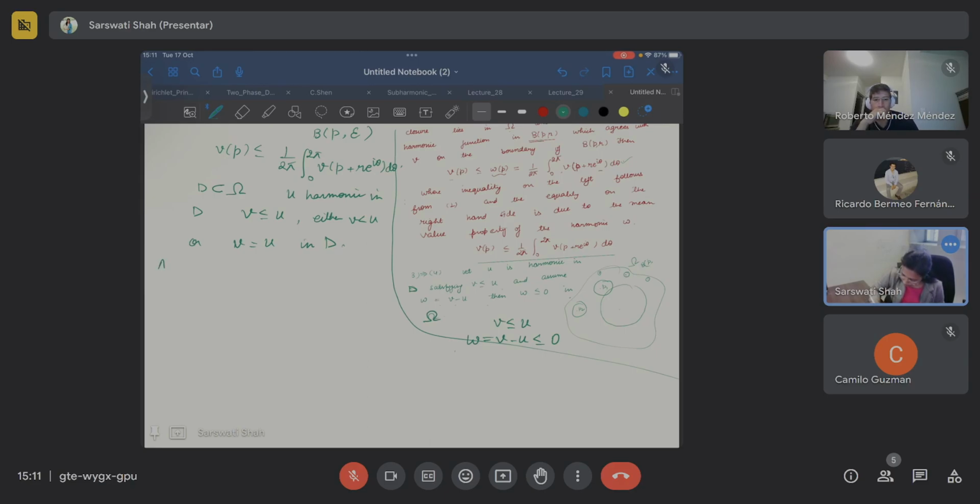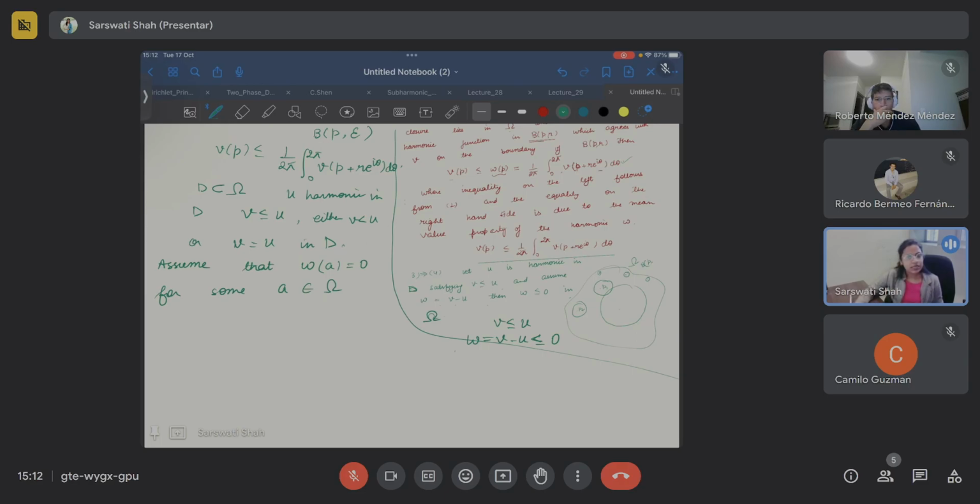Assume that W of A equals 0 for some point A belonging to omega. It is less than or equal to 0.